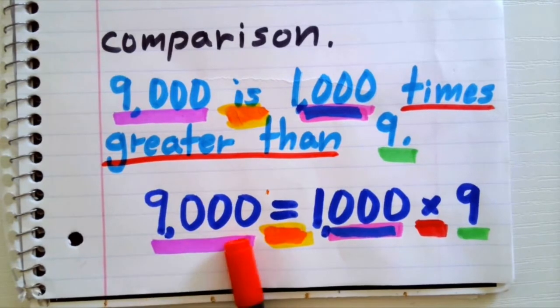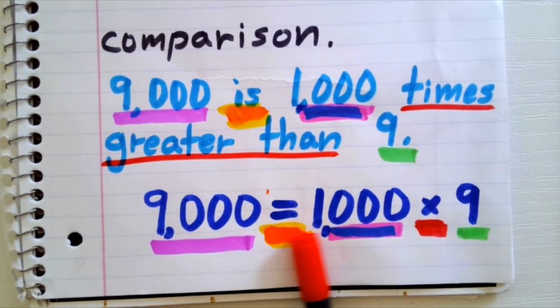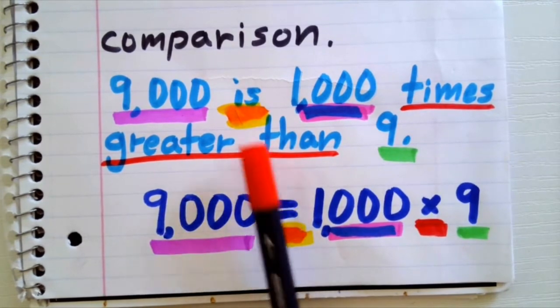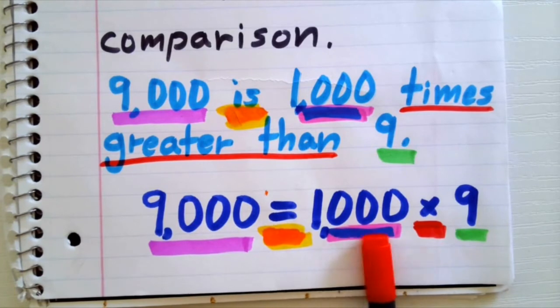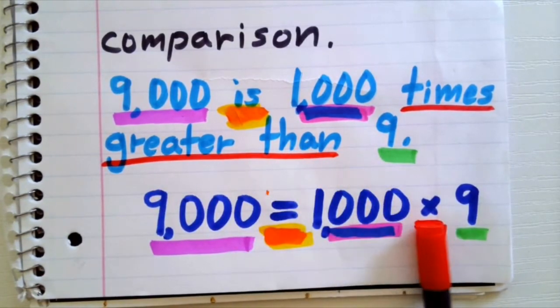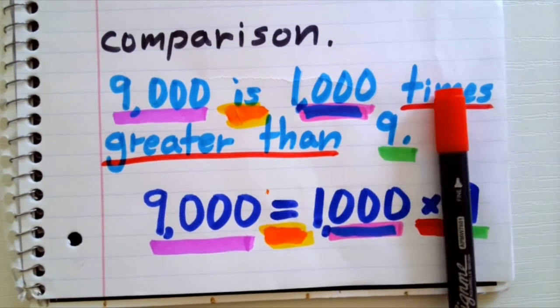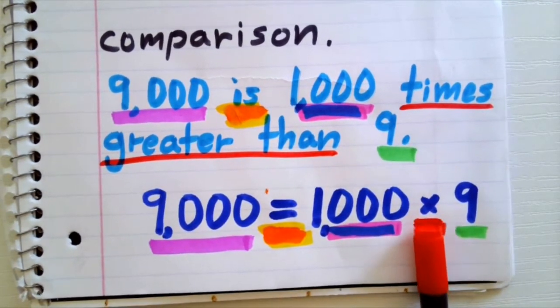9,000 is, notice is and equals are the same thing. 1,000 times greater than. Times greater than is the same thing as multiplied by.